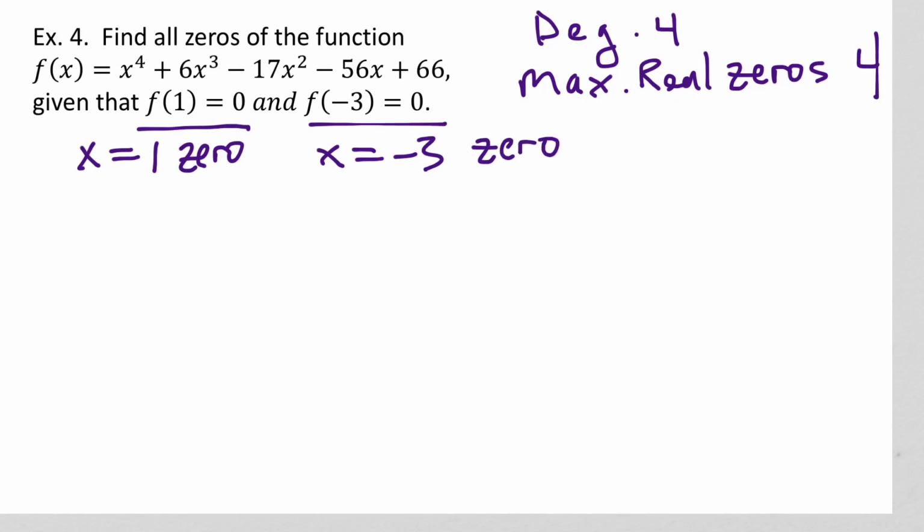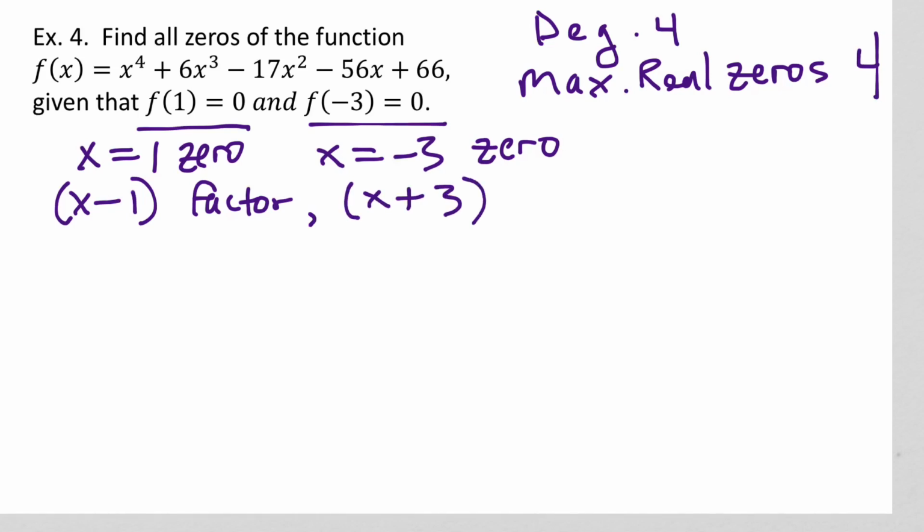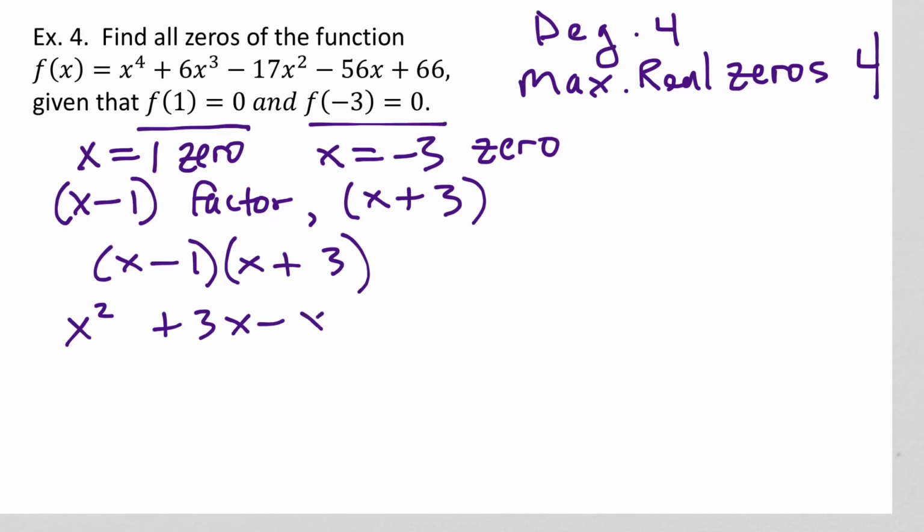Okay, so we need factors in order to divide. So x minus 1 is a factor, and x plus 3 is also a factor. All right, so what you want to do next is multiply those two factors together to write it in polynomial form. So I'm going to distribute this out and combine like terms.